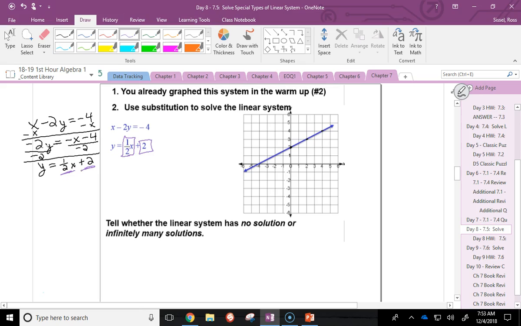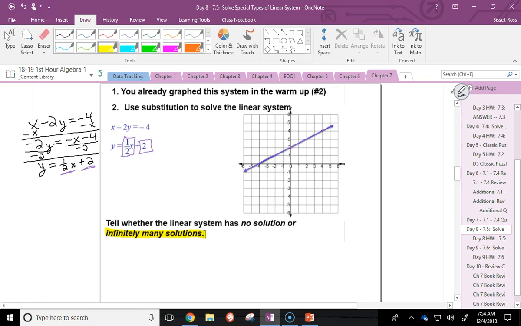They were the exact same. I'm using purple this time, it would have still been 2, up 1 over 2, up 1 over 2. We would have got the exact same line. So on this one, our lines coincide, which means how many solutions do we have? Infinite.